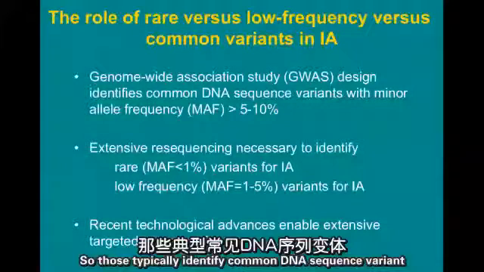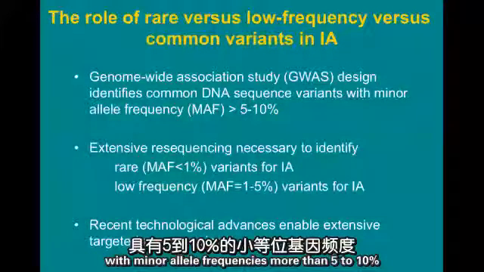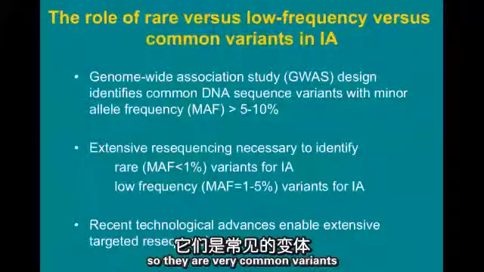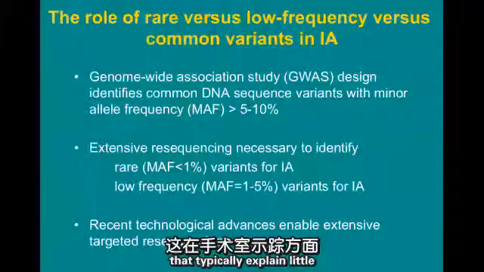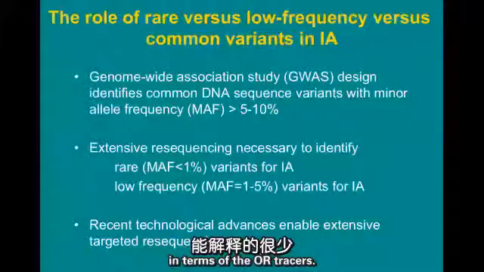As I said, the genome-wide association studies, the results of which I showed, 2 have been published. Those typically identify common DNA sequence variants with minor allele frequencies of more than 5 to 10%. They are very common variants that typically explain little in terms of odds ratios.